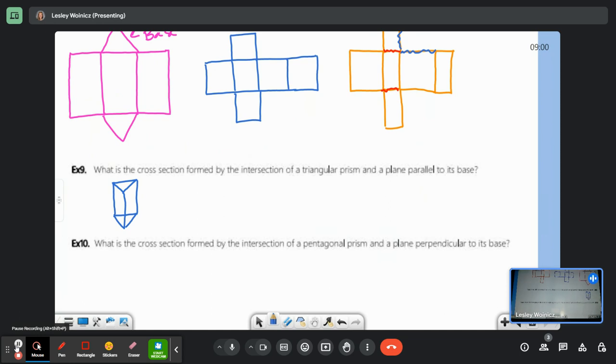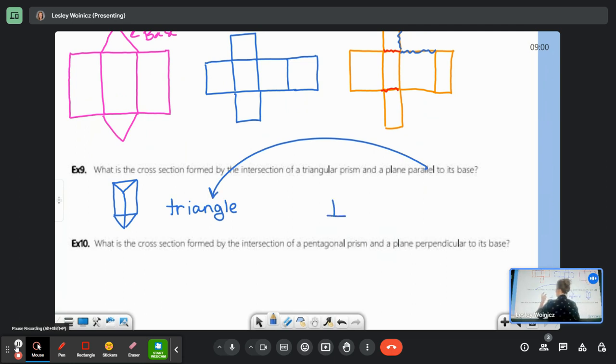Okay, so if we slice it parallel to the base, what are we going to get? A triangle. What if we went perpendicular to the base? A rectangle. Yeah, if we went perpendicular to the base, it would be a rectangle.